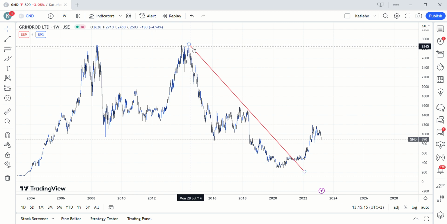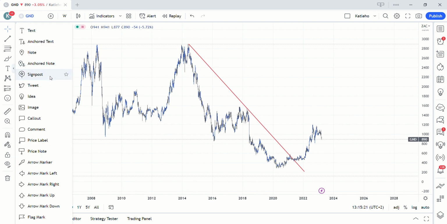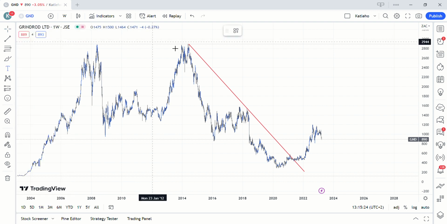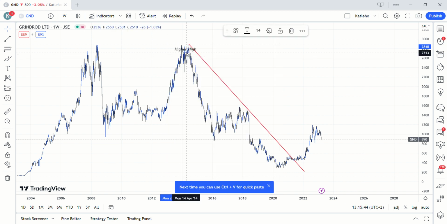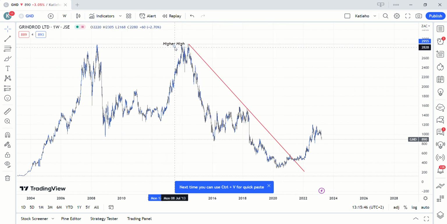We have our top here and our lower high here, so you can simply label them so that anyone can see what you are talking about. So it's our higher high here.